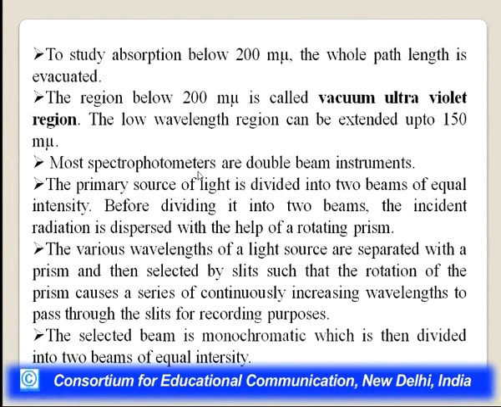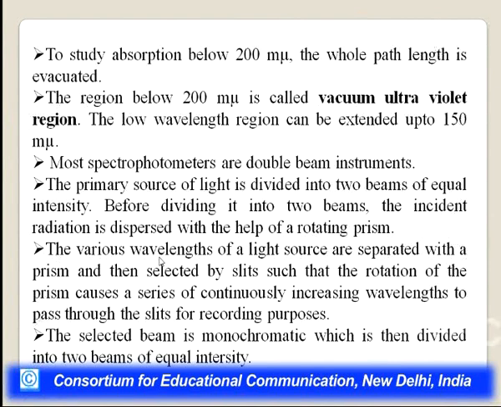Most spectrophotometers are double beam instruments, that is, the beam needs to be bifurcated. The primary source of light is divided first of all into two beams of equal intensity. Before dividing it into two beams, the incident radiation is dispersed with the help of a prism into 7 colors.